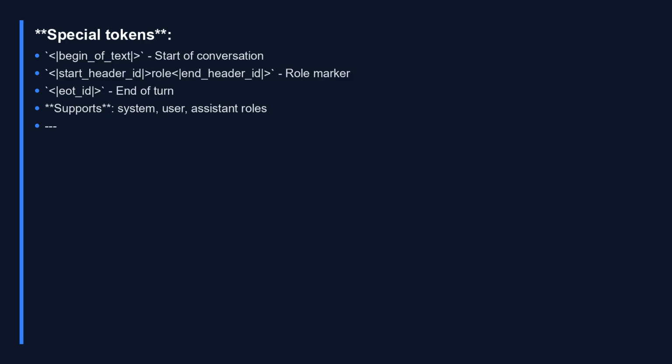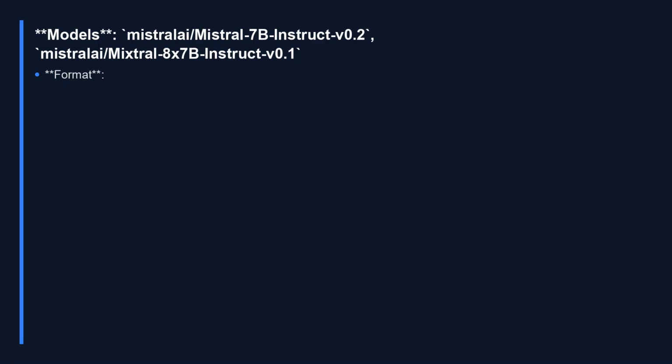The four tokens you need to know for Llama 3.1: one opens the conversation, one marks who is speaking, and one closes each turn. This template supports system, user, and assistant roles natively. The Mistral template covers Mistral-7B-Instruct-v0.2 and Mixtral-8x7B-Instruct-v0.1.